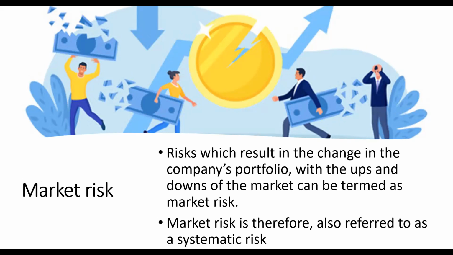And when we are saying there are a lot of ups and downs in the market, you can understand it is a macro level activity, so it is impacting the whole economy. So this is also a kind of systematic risk. So basically market risk will happen because of changes in price. So this is also called price risk.